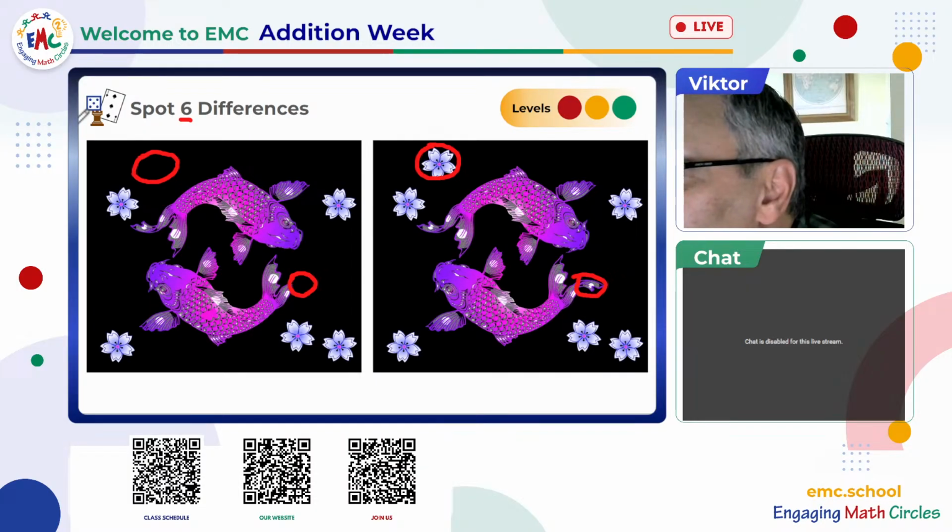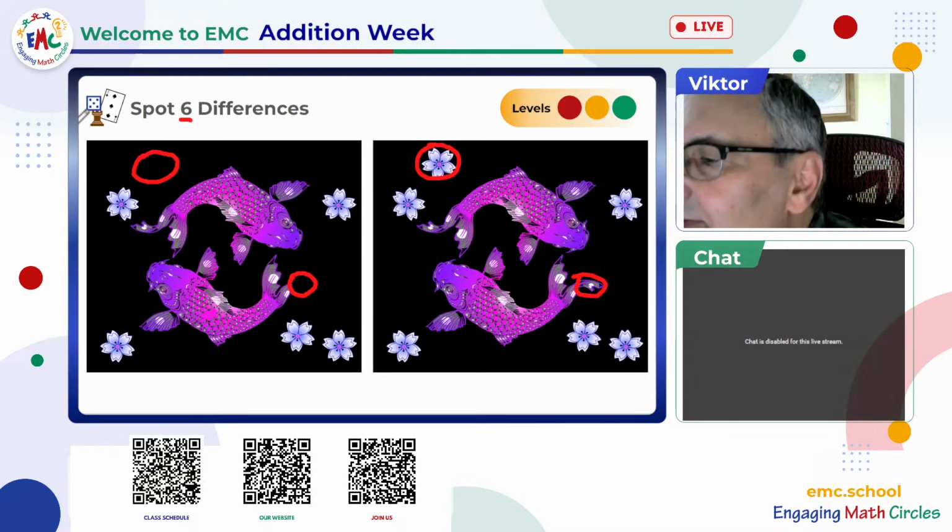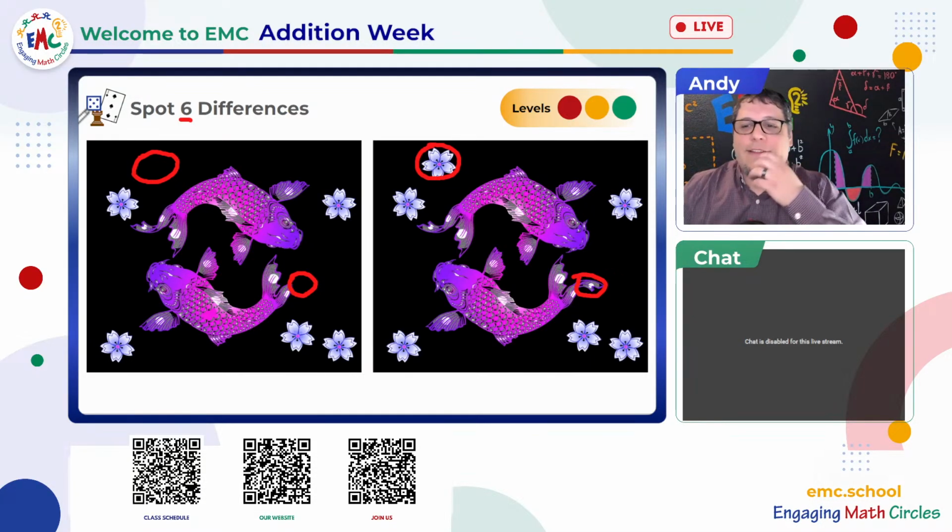Victor's looking very, very closely. Yes, I'm trying hard. Where could they be? I'm guessing there's at least one more with the flowers. Yes, that's what I'm looking at right now. And then at least one more on the fish. That's a good guess.